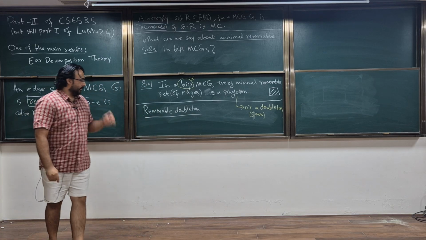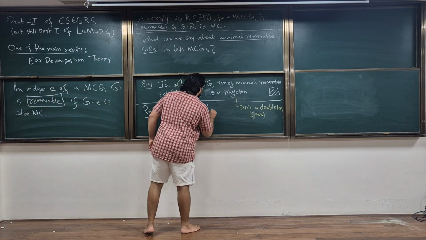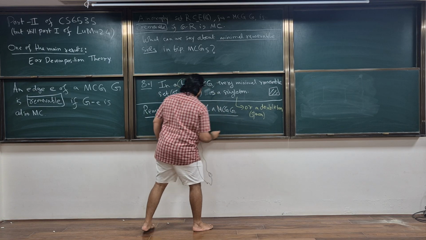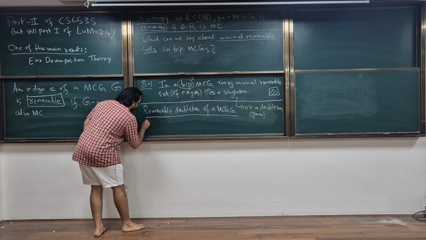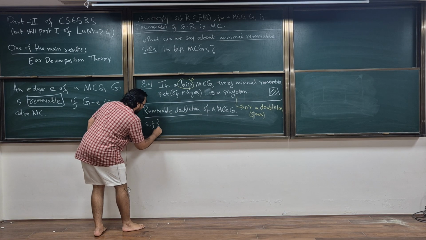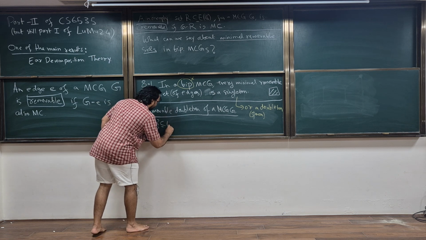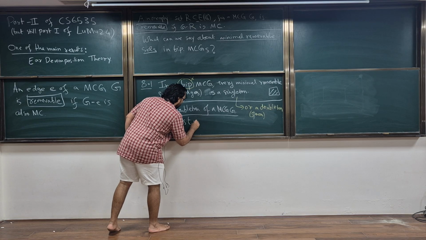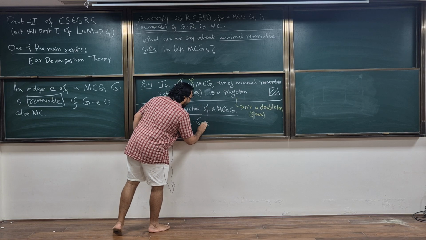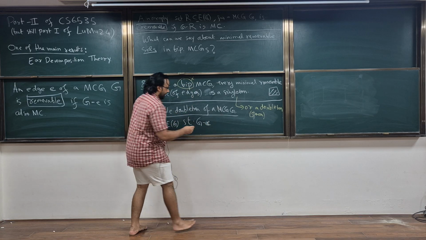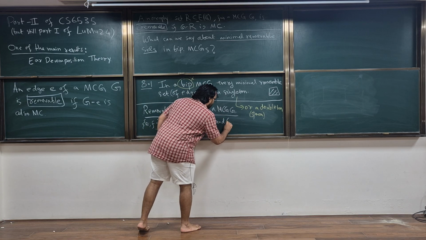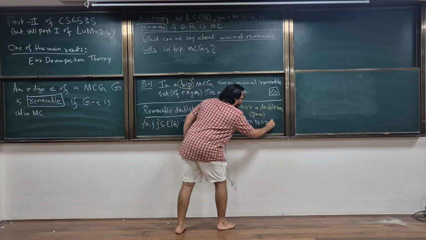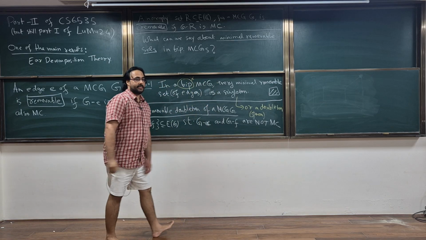By a removable doubleton of a matching covered graph, we mean exactly this: a pair of edges, E comma F, a subset of the edge set, such that G minus E and G minus F are not matching covered, but G minus E minus F is matching covered.